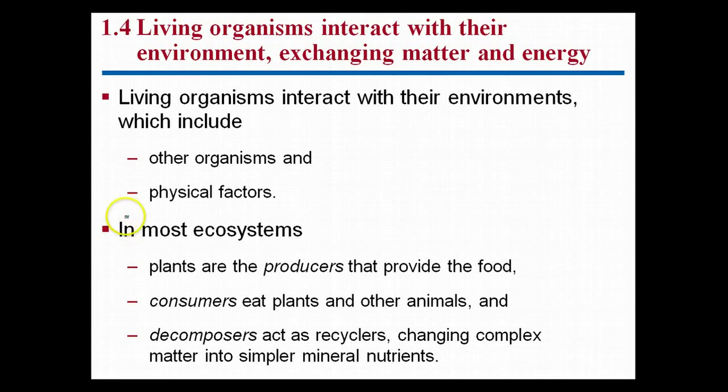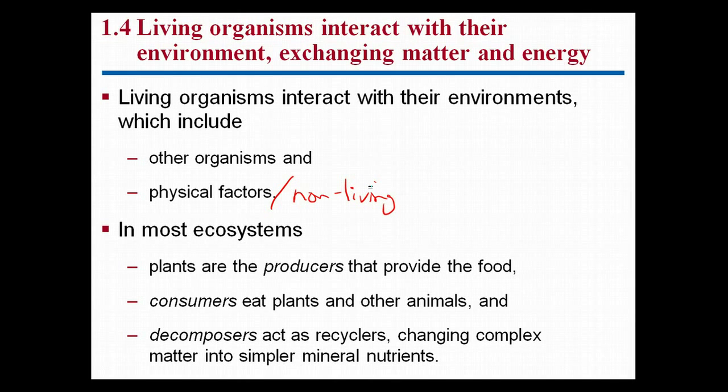So we'll finish up with this last little bit here before we separate off into a different section. But living organisms interact with their environment. That's what happens. This can be other organisms and this can be physical factors. I would prefer to refer to physical factors as non-living things. And you can think about it like you interact with sunlight. You can go out in the sun too long, you get a sunburn.